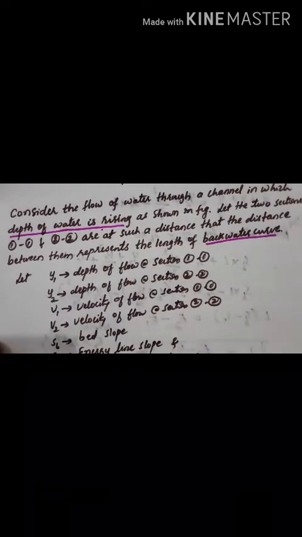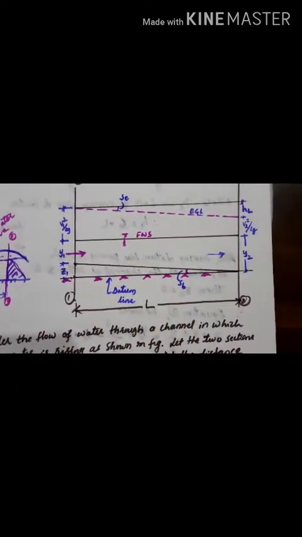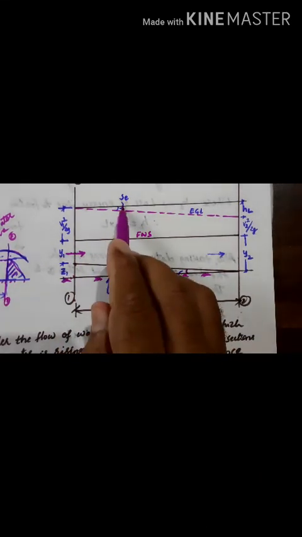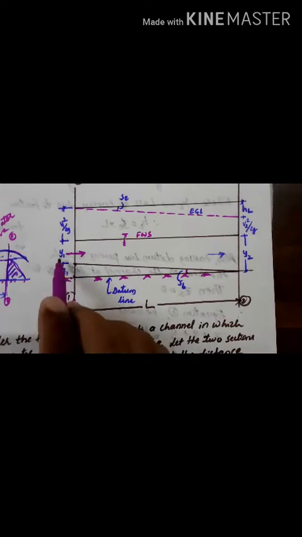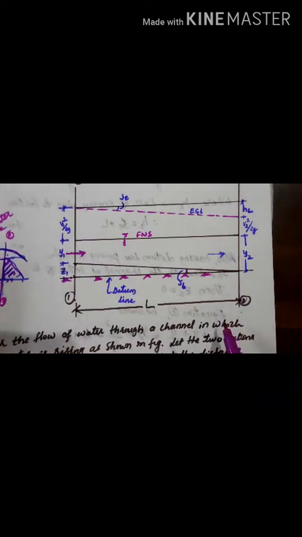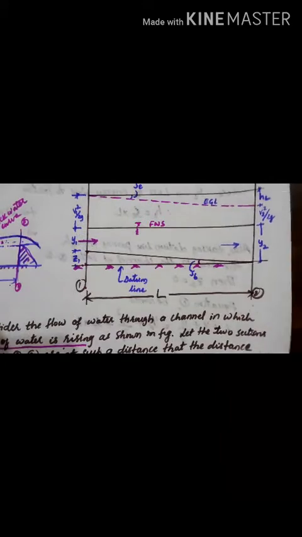These are marked in the figure. So Y1 is here, Y2 is here, SB is here, SE is here. SE represents the slope of the energy gradient line, SB is the slope of the channel bed, and Z1, Y1, everything is represented in this figure.